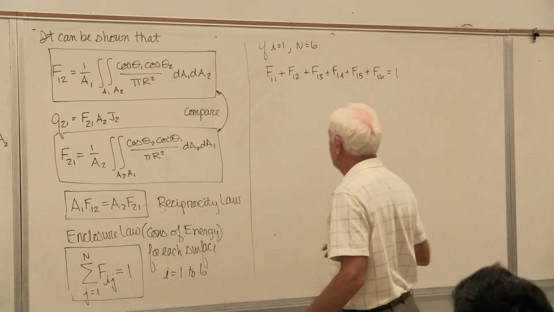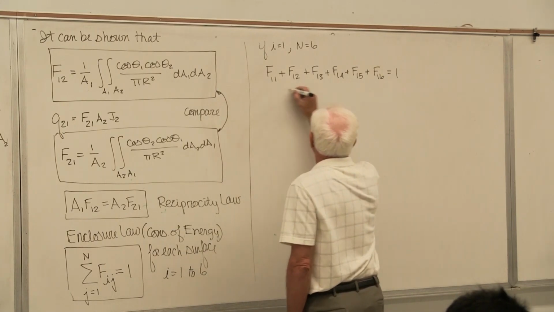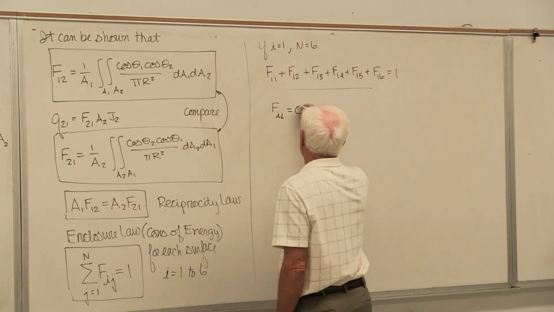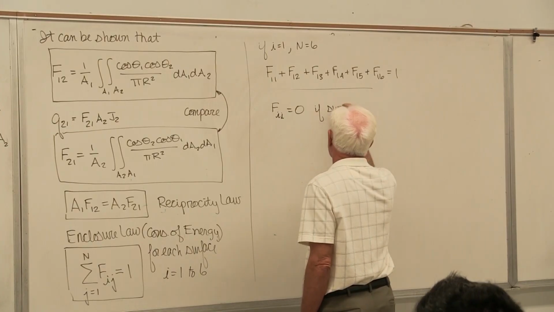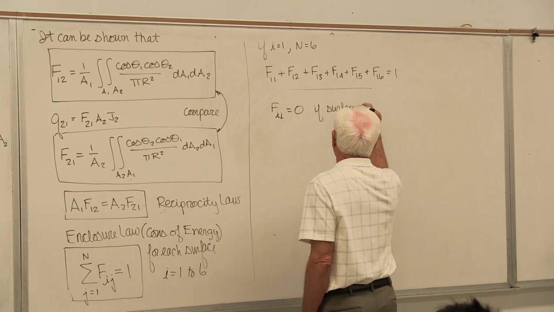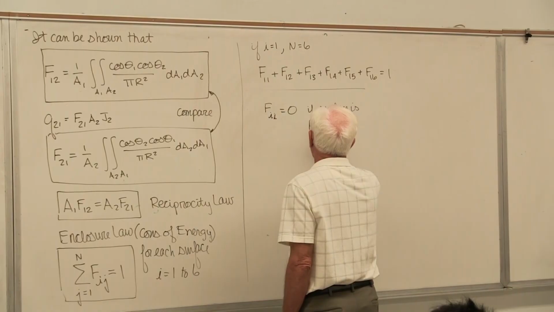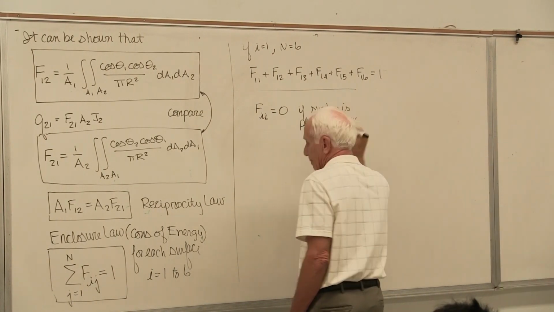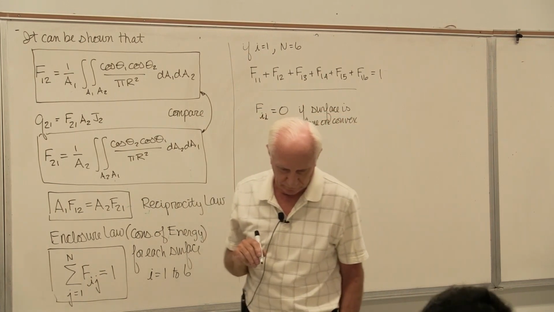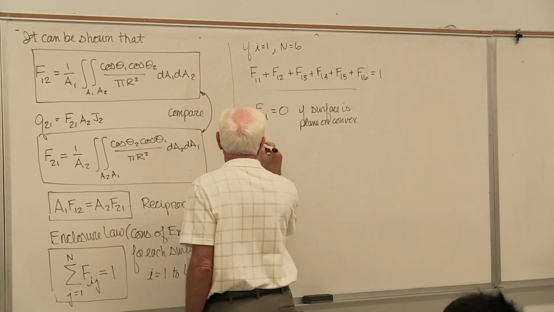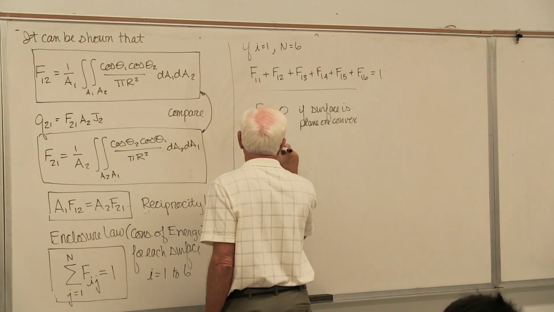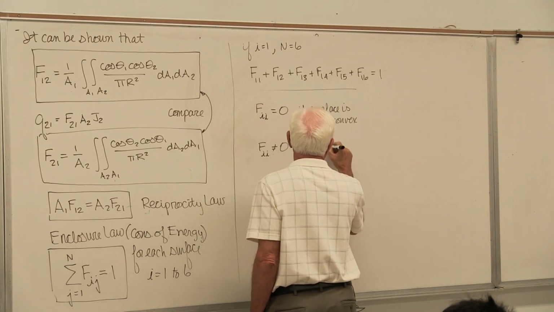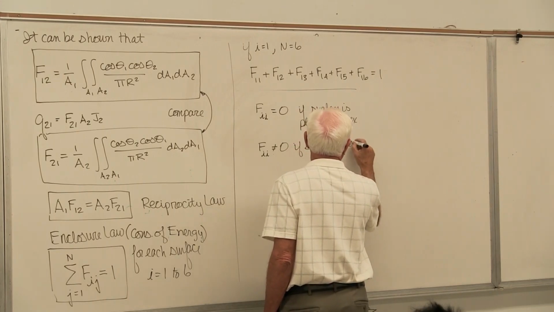Now let's talk about F_ii. F_ii equals 0 if the surface is plane or convex, and F_ii is not 0 if the surface is concave.